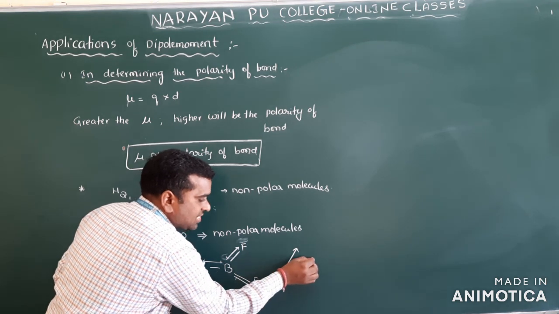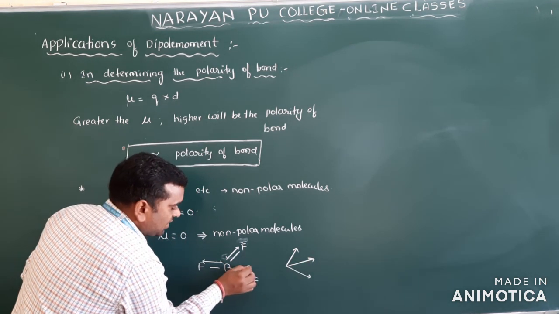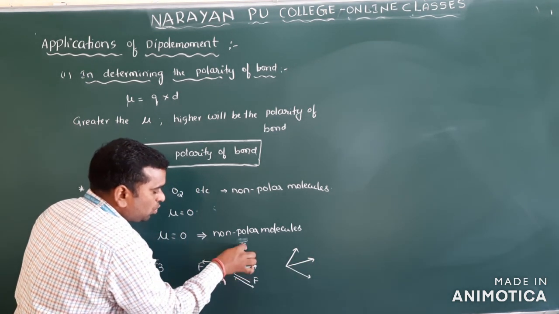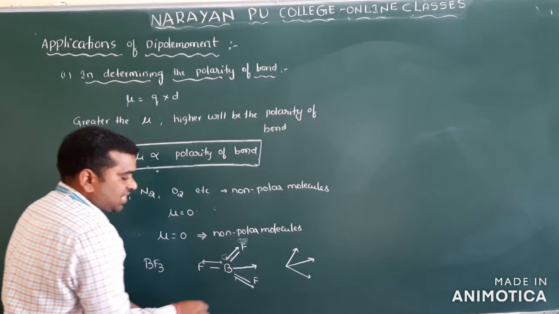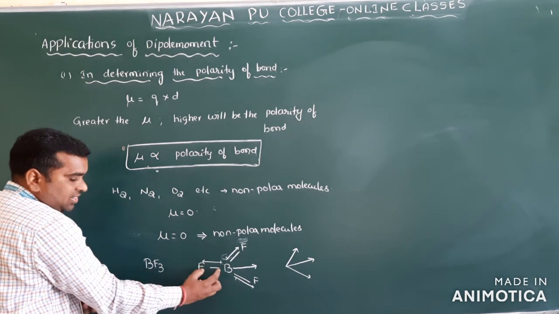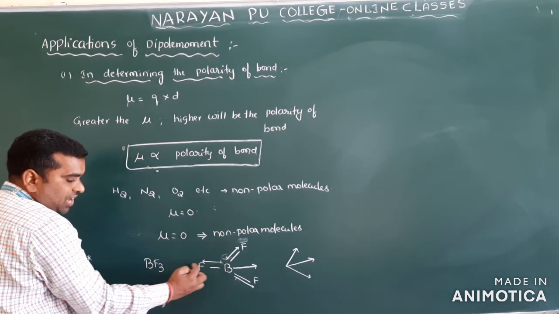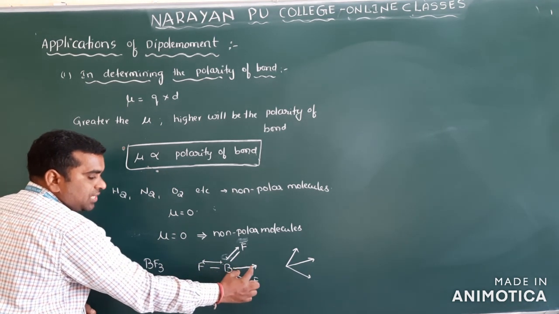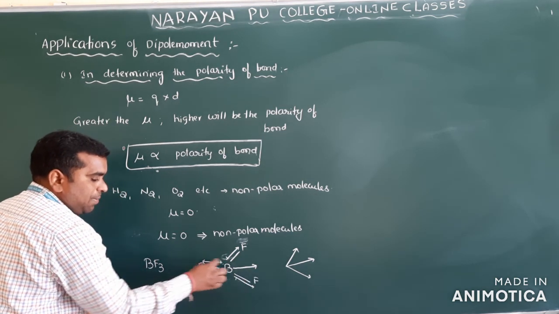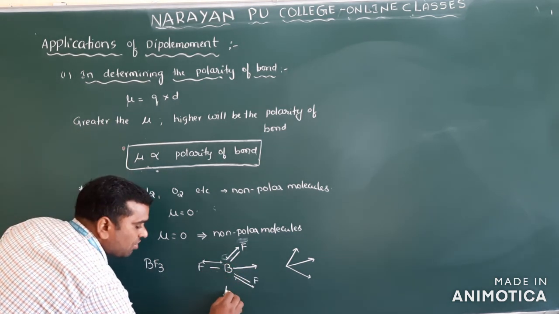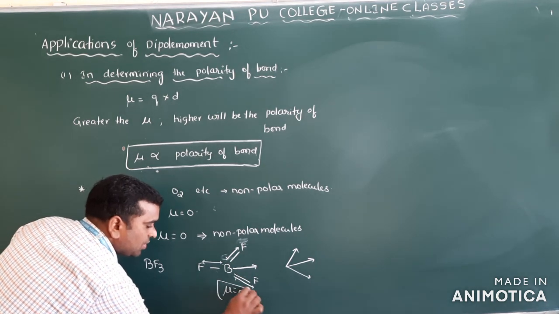What will be the resultant? The resultant will be in this direction. So the resultant dipole moment of these two bonds and the third BF dipole moment will be in opposite directions with the same magnitude. So what will happen now? The net dipole moment will be 0.